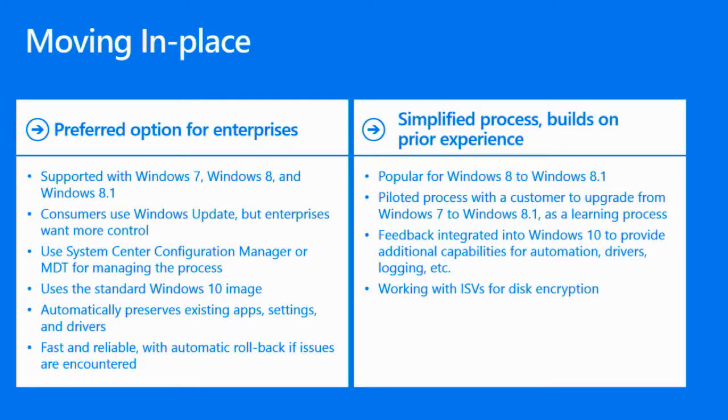So a lot of customers did try to go to 8.1 using in-place upgrade, and were fairly successful at it. We even worked with a customer who wanted to upgrade from Windows 7 directly to Windows 8.1, which isn't technically supported, but we thought, well, this is interesting. If they're willing to do that with thousands of machines, we're game. Here's a hot fix.